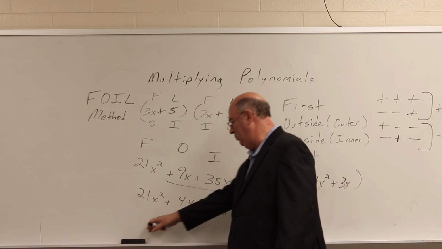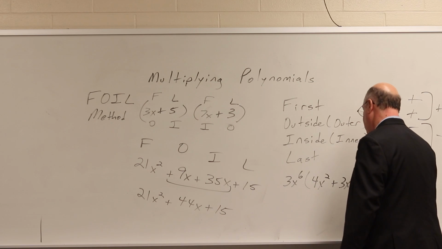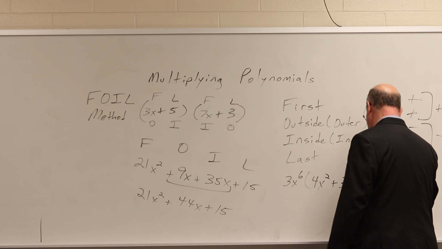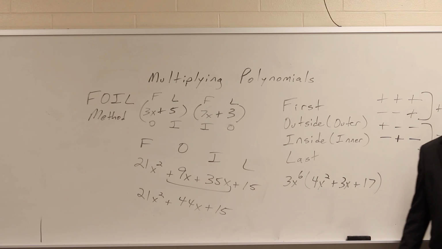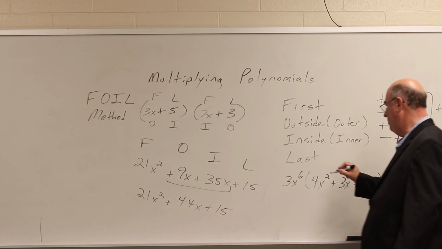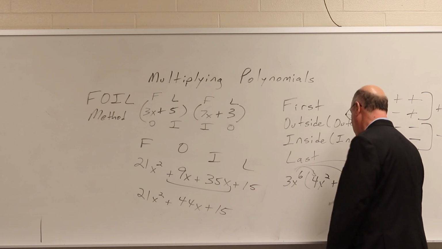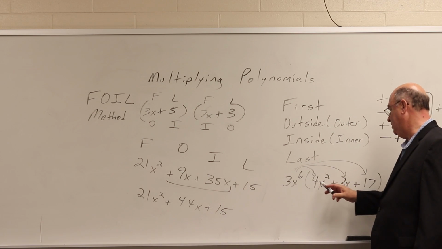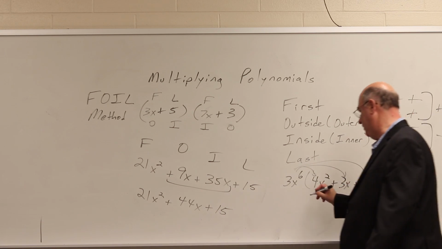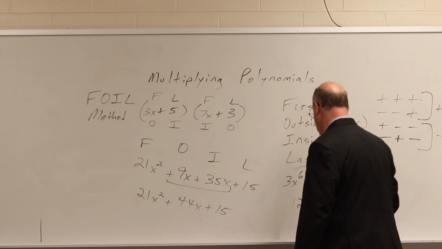We'll expand this a little bit. Let's get one of these numbers that doesn't play that great with the other numbers, 17. Distributive rule, you take the outside term times each one inside. 3x to the 6th, so we'll multiply 3 times 4 first. That'll be easier, we'll make that 12.